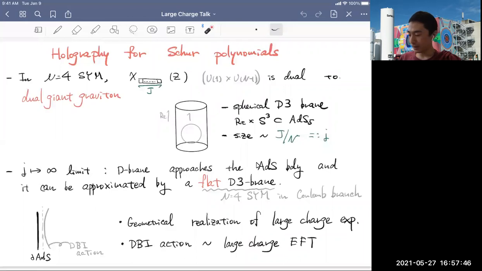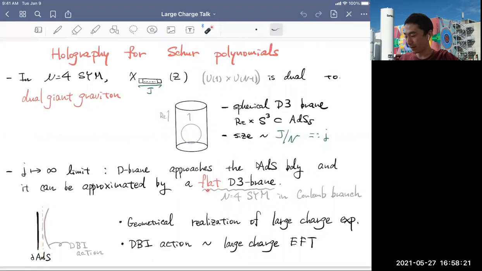In the J equals infinity limit, as I said, the D-brane approaches the AdS boundary, and it can be approximated by a flat D3 brane. What I really mean is that here I drew a picture in global AdS, but let's interpret this from the Poincaré AdS slice. If you take J going to infinity, this spherical D3 brane approaches the boundary and can be approximated by a flat D3 brane.